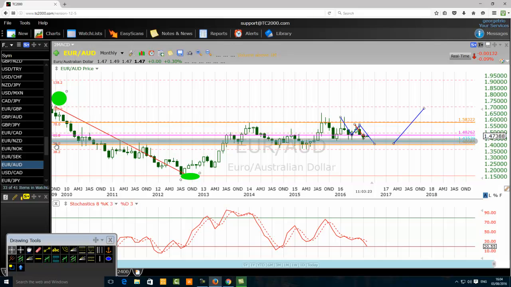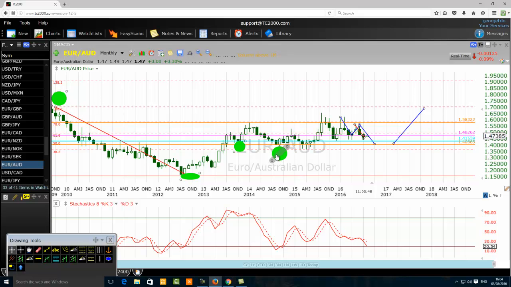There is also the 50% Fibonacci retracement level, a very important level of the price move from here to here. That 50% Fibonacci retracement level is 14353. You can see that the price is forming a bullish chart pattern, a double bottom. In fact, we have a lot of support near the 50% Fibonacci retracement level.